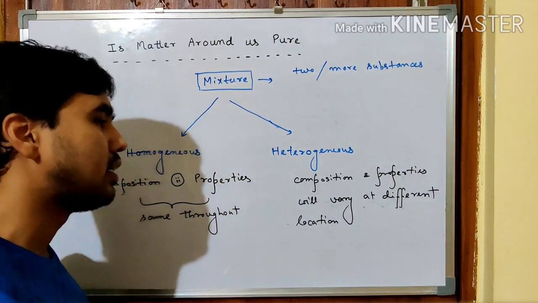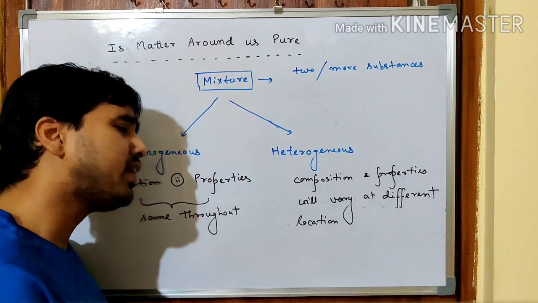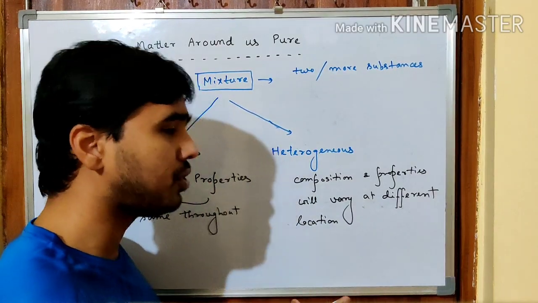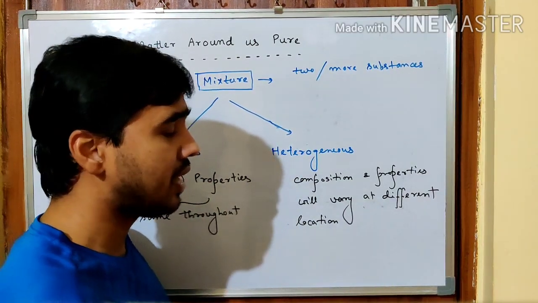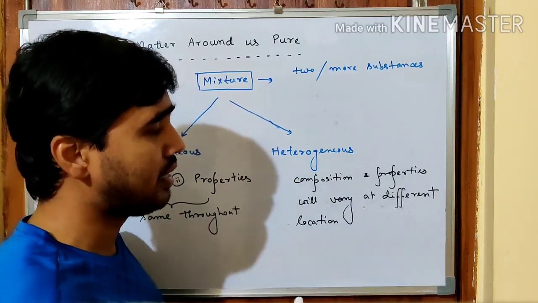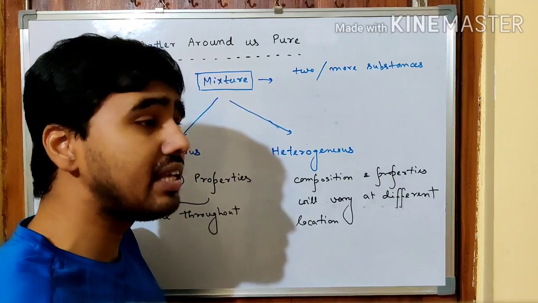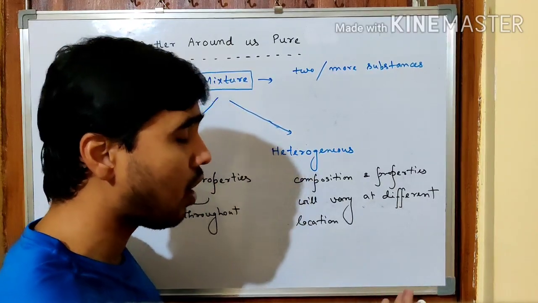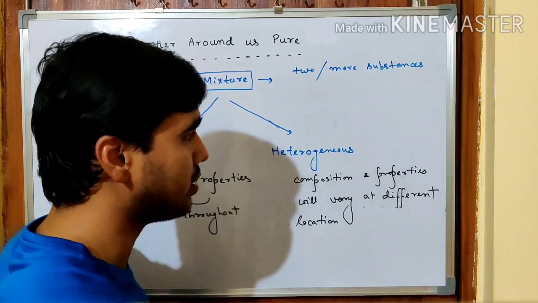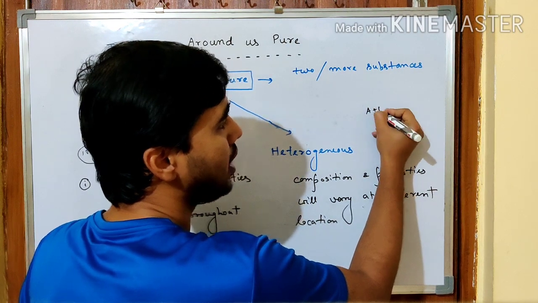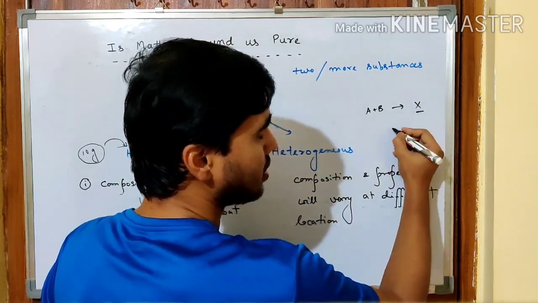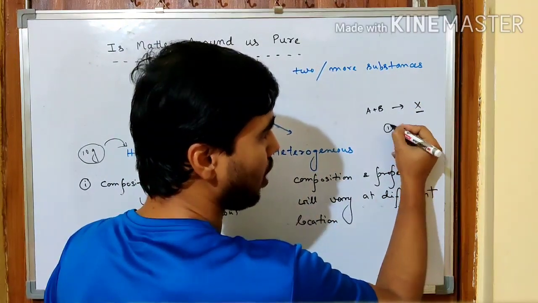That means if you take 15 gram of heterogeneous mixture and check its composition, it may be the case that on one part the composition is more, or its physical properties, say density or something like that, will be more. Or at another position, the composition is different. Suppose A and B. Say for an example, if A and B you have mixed and you are getting X. So throughout X, suppose you have taken two different locations, 1 and 2.